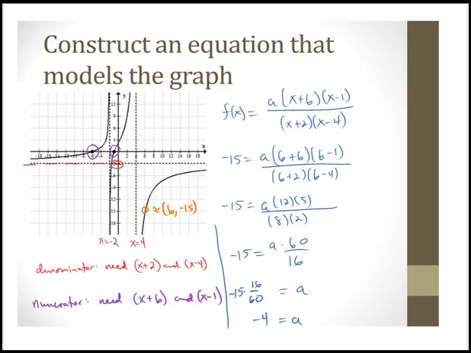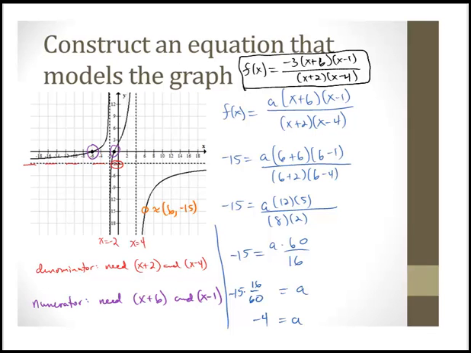So I'm going to say that f of x is negative 3 times (x plus 6) by (x plus 1) over (x plus 2) by (x minus 4). Alright, so substituting that point gets you at least in the ballpark, but then you got to kind of double check with the horizontal asymptote if one exists.